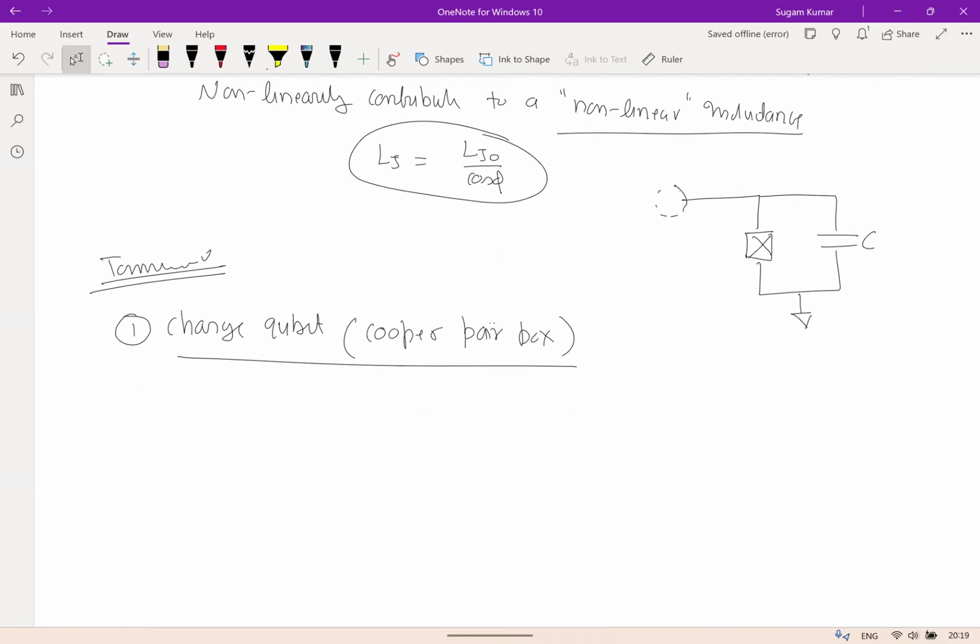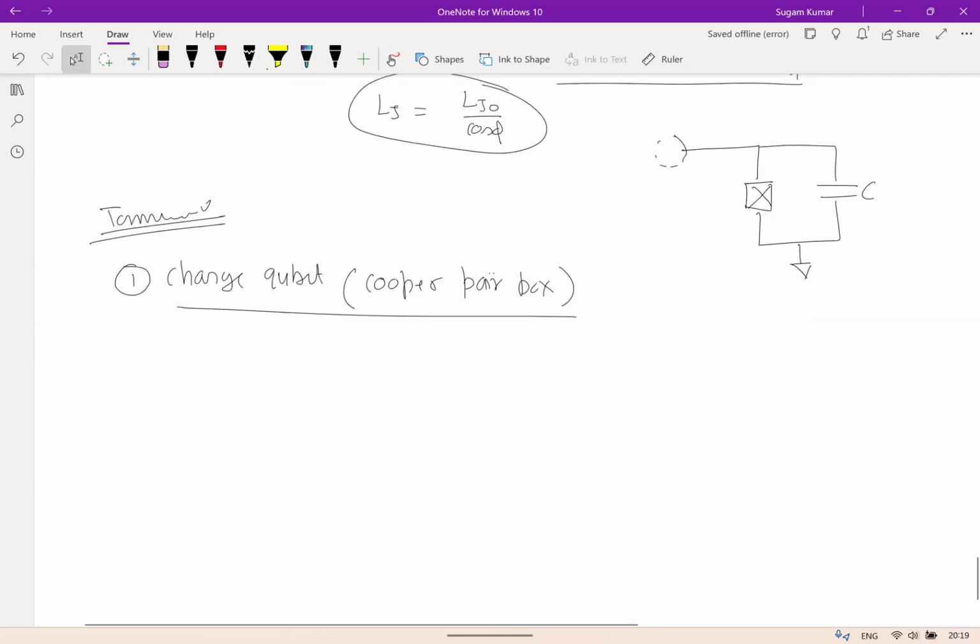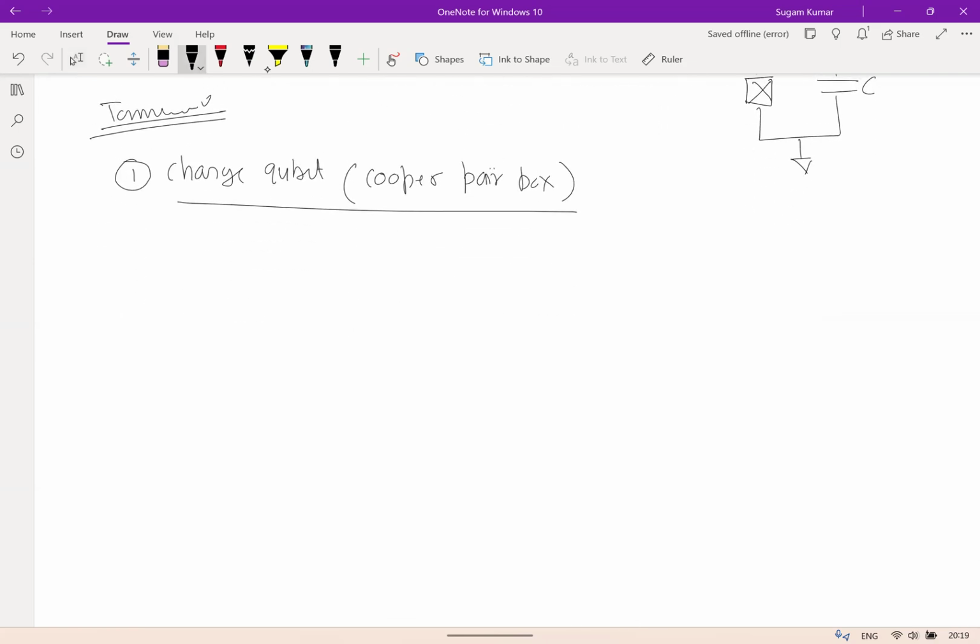It is very important to understand that these charge qubits behave very much like a spin qubit. In the spin qubit, you had very good clarity that on the Bloch sphere, these qubits have some direction, and then you can rotate them.